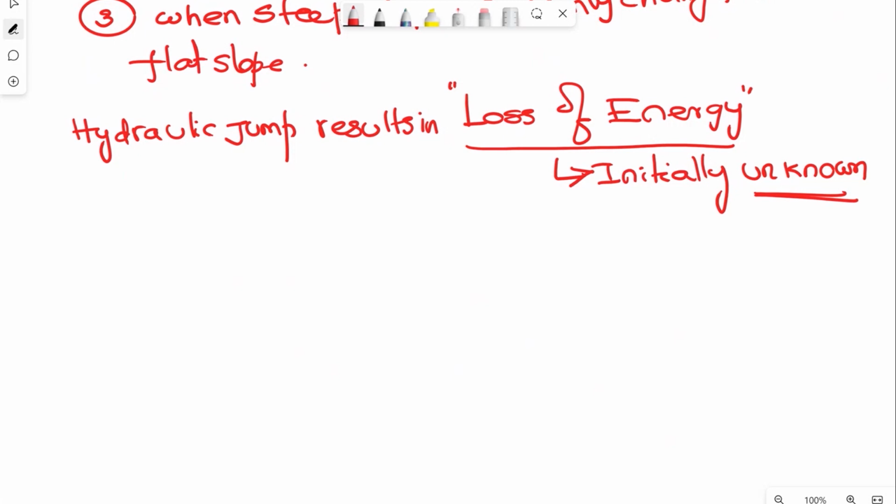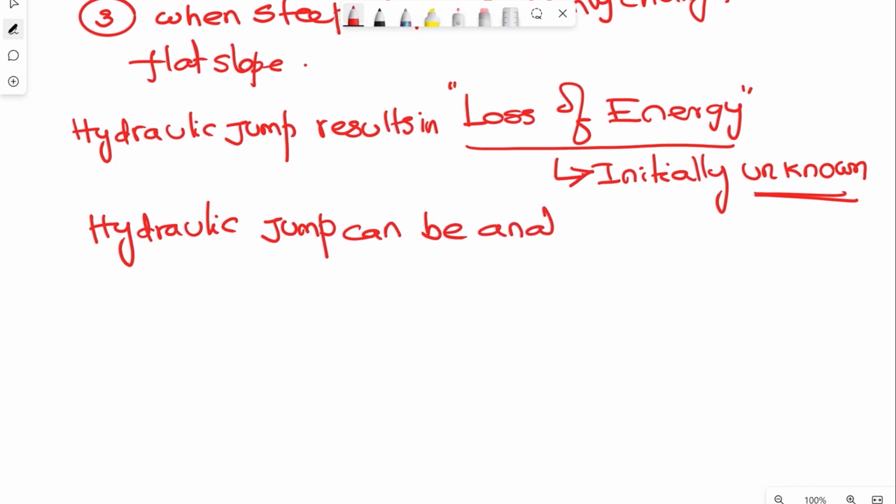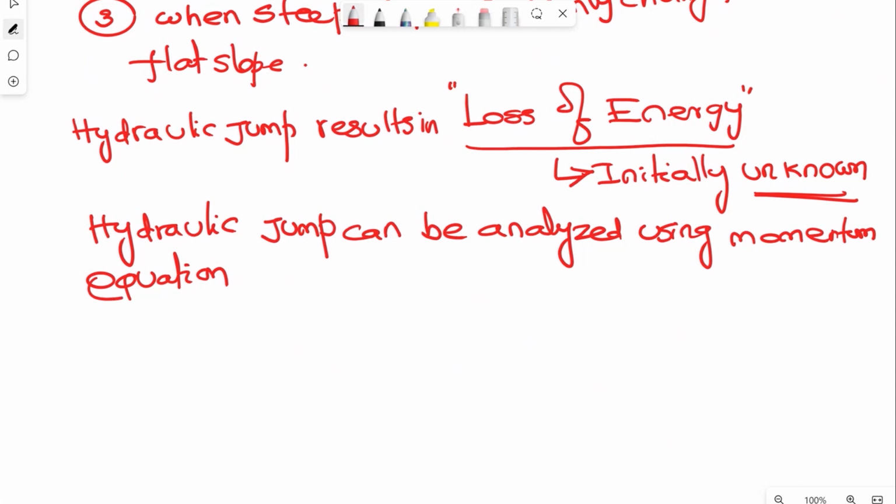To find this out, the hydraulic jump can be analyzed using the momentum equation.